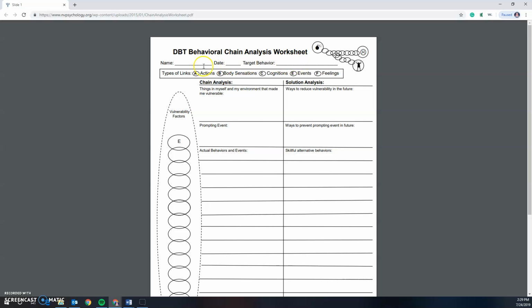So that's what these types of links are. I'll get to that in a second. These are essentially just the different types of factors or vulnerabilities or things that can lead to the problem behavior. So you've got your target behavior up here.